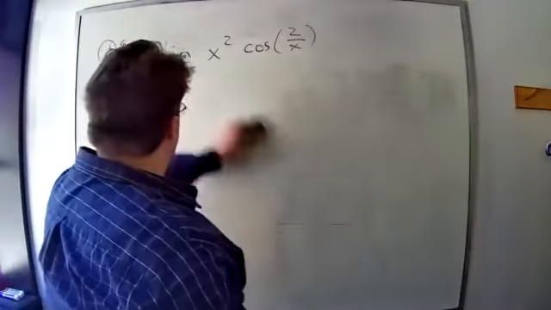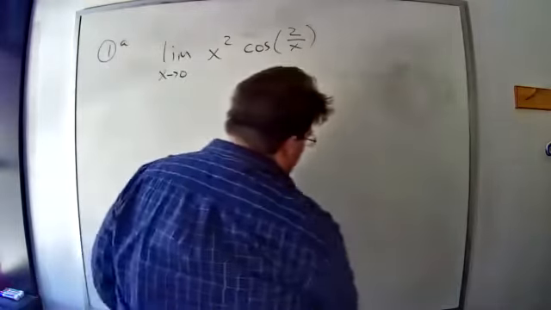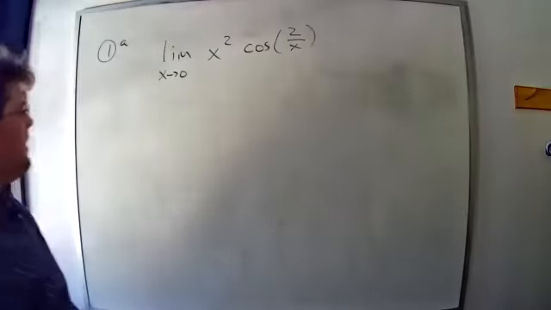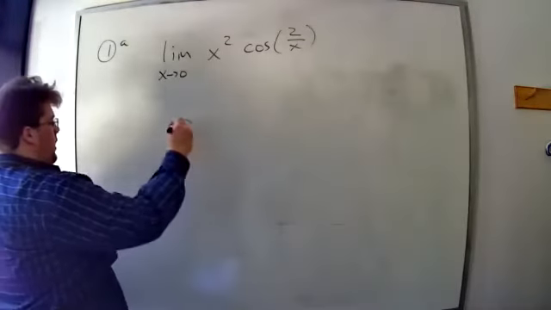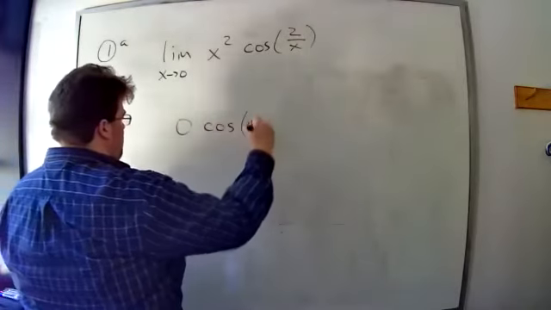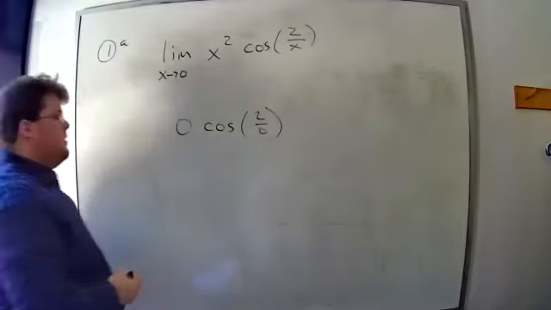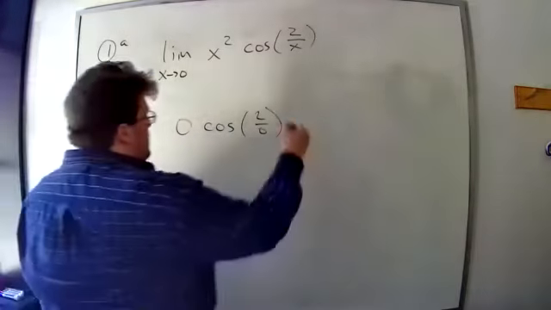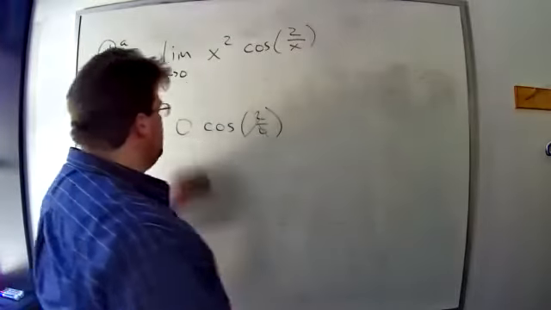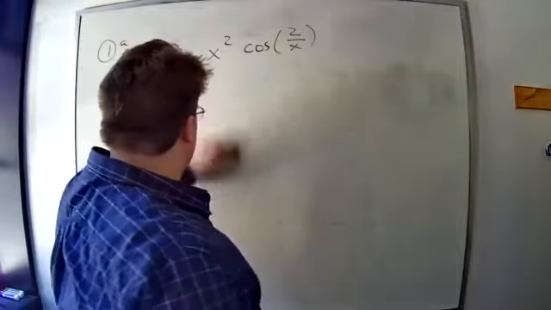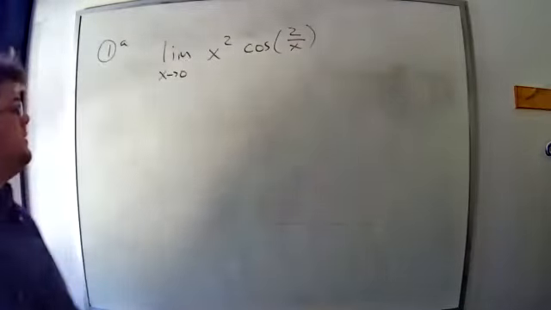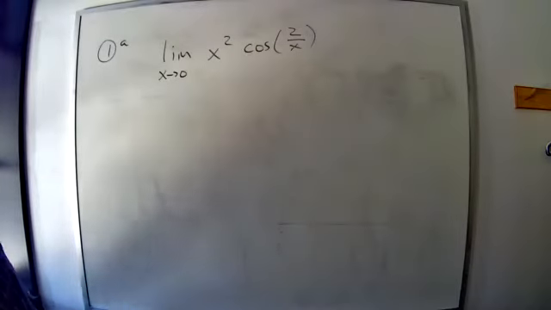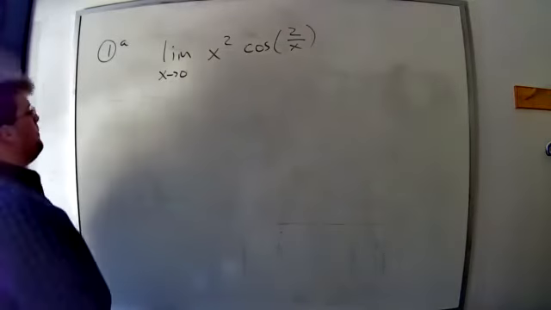Because if a direct substitution works, then we're done, and that gives us the answer. Here, a direct substitution does not work. Because the cosine of 2 over 0, well, 2 over 0 is not a number. So the cosine of that doesn't exist. And 0 times something which does not exist unless we interpret it as a limit.